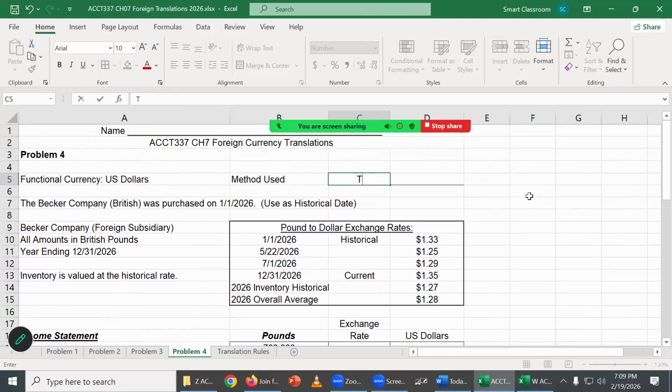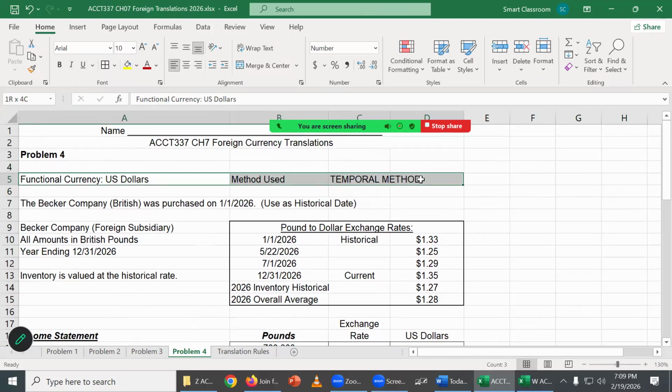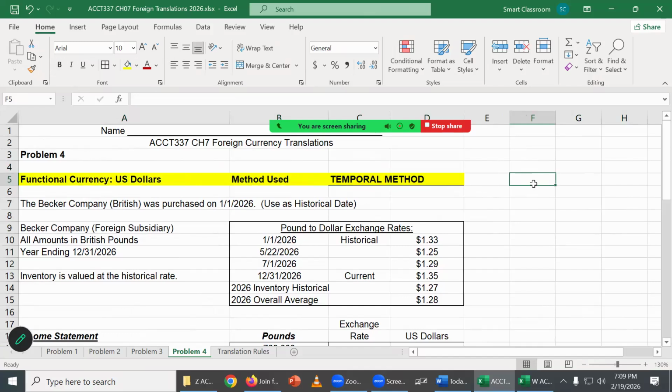Problem 4 will be the temporal method, which is similar to problem 2.